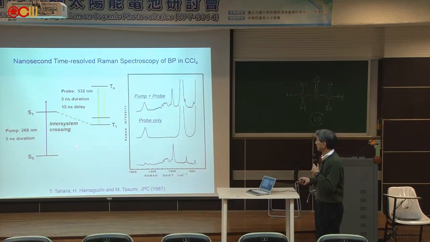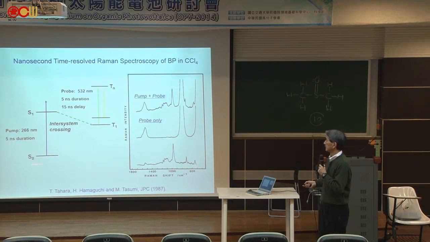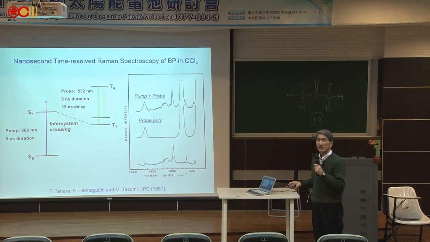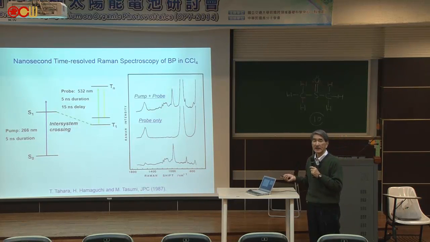But this was not observed in the ground state. Why? Because of the resonance effect. In this experiment, we use, say, 1 millimolar concentration of benzophenone in carbon tetrachloride, a low concentration, and in the ground state you do not see any benzophenone band. But when you photoexcite, it goes into the triplet state, and the triplet state is in resonance with the exciting line.